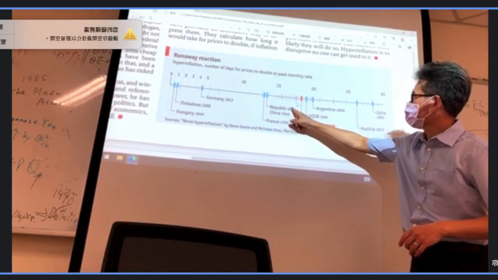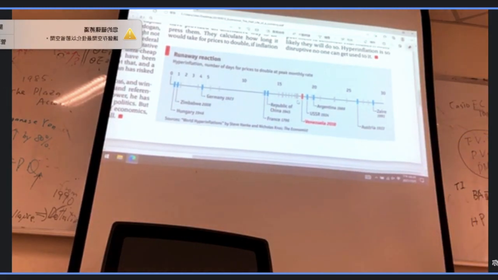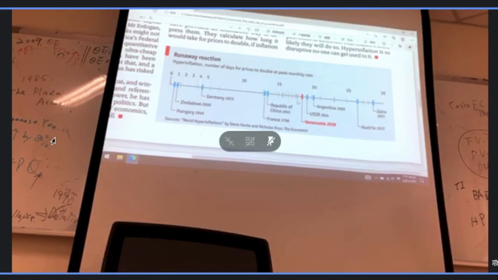What's this? Republic of China. Does anyone outside of Taiwan understand?